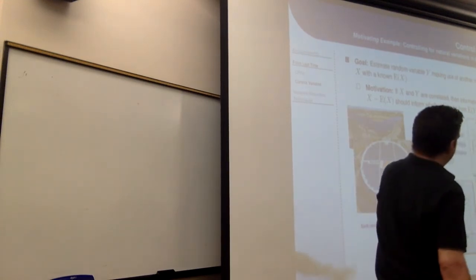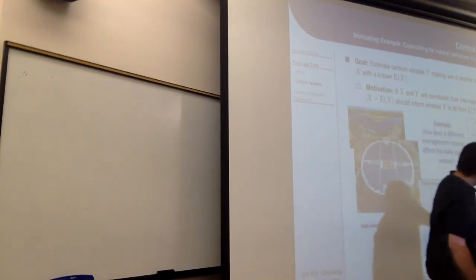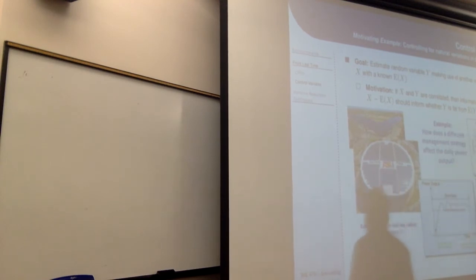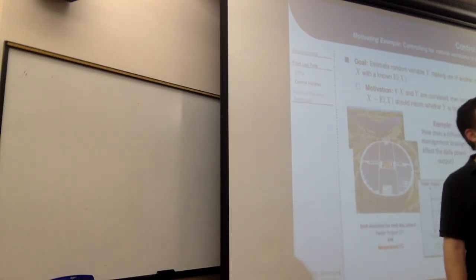And so the idea here in the control variate is every day I'm going to look at the difference between the current temperature and the average temperature, and I want to subtract off a little bit of that difference from the output in just the right way so that it actually makes the variance of my output smaller.